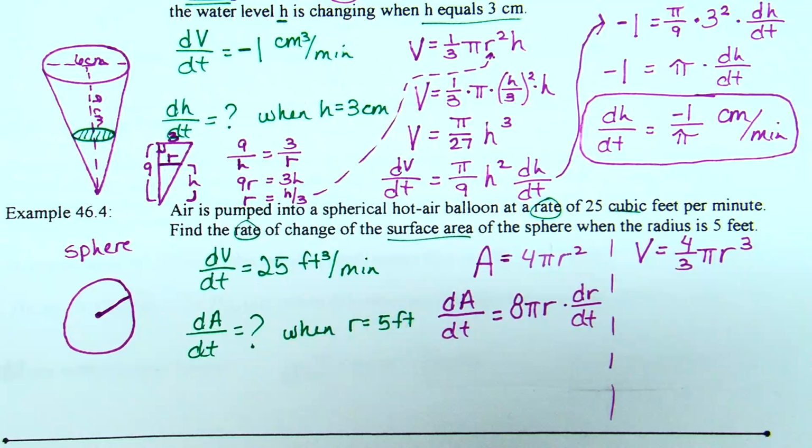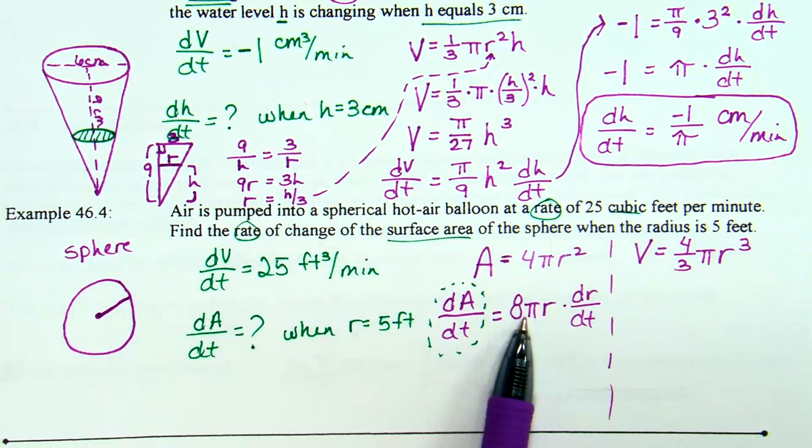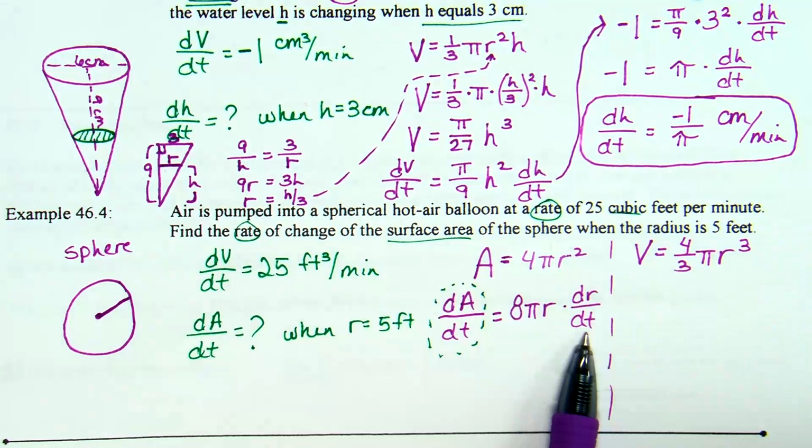As you look at that, dA/dt is what I need to find. We know 8, we know pi. We will know r because we want to find r equals 5. We don't know dr/dt, and that's where we have to use our volume information.